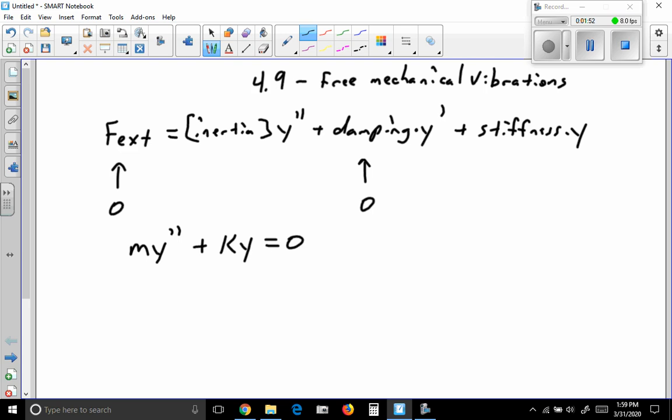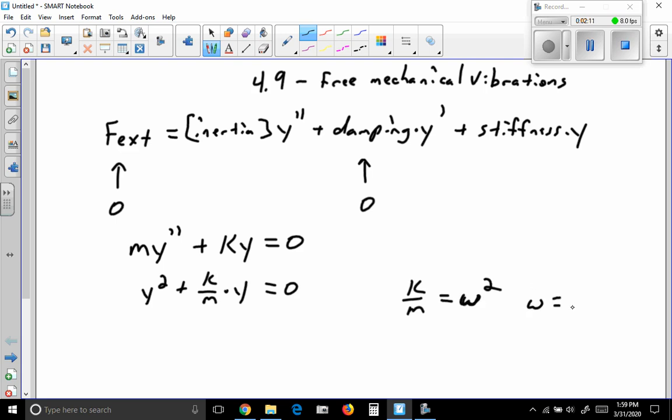So if we divide both sides by m, we get y double prime plus k over m times y equals 0. And we're going to replace k over m with omega squared.